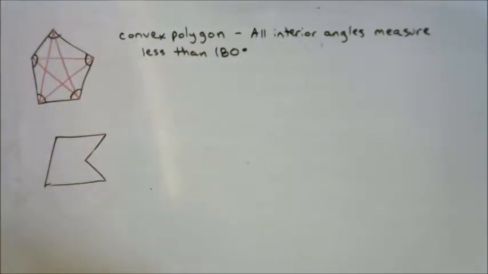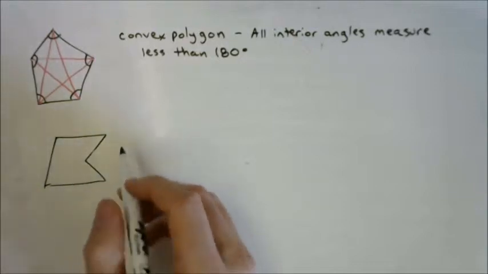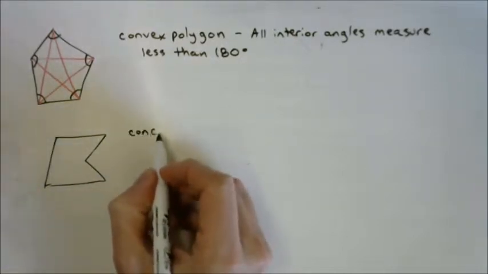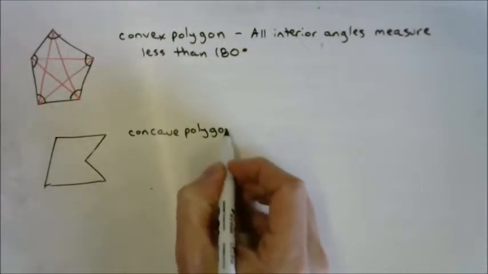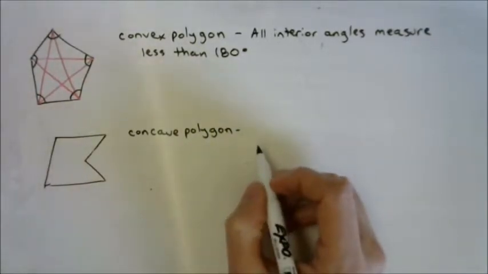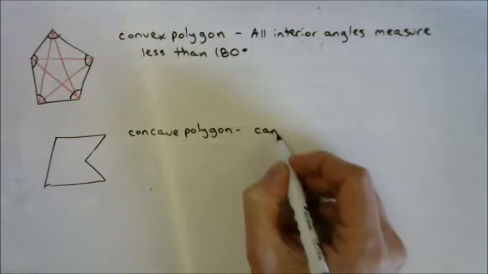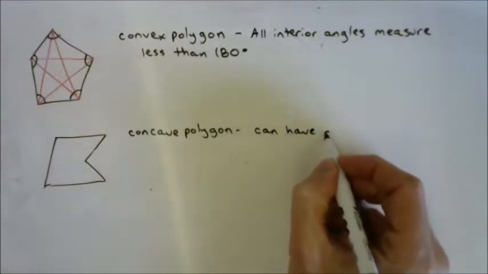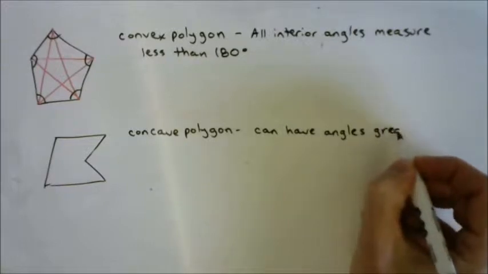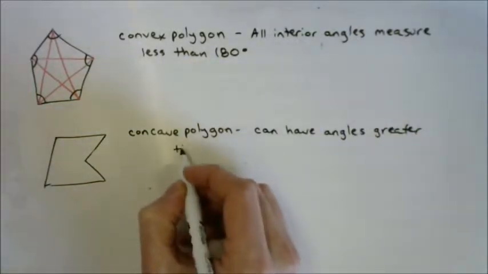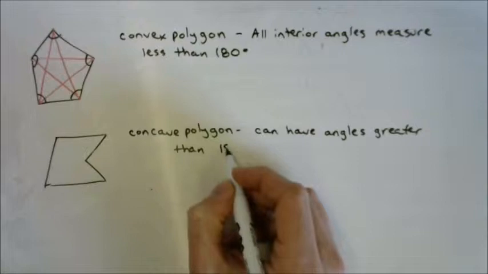It'll make sense once we combine it with the second note here, which is concave polygon. Concave polygon can have angles greater than 180 degrees.